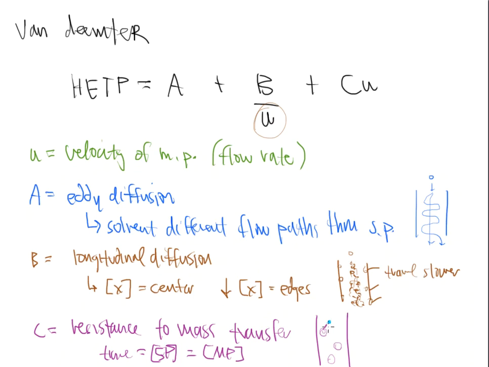So our components will kind of lodge onto the stationary phase. They stay there for a little bit, and then they come off and go into the mobile phase, and they travel through the mobile phase, and then they get stuck on another stationary phase particle, and they stay at that particle for a little bit, and then they get dislodged, and they travel through the column a little bit longer with the mobile phase, and then all of a sudden they get stuck to another stationary phase particle.